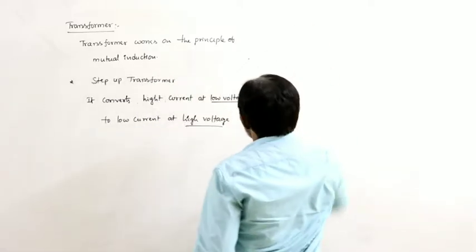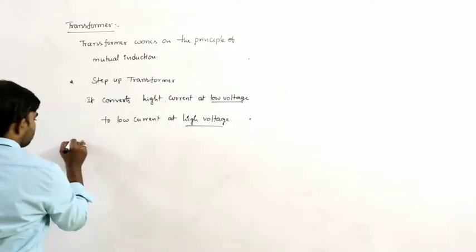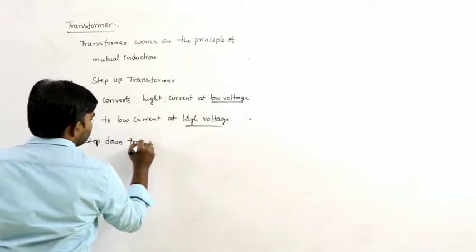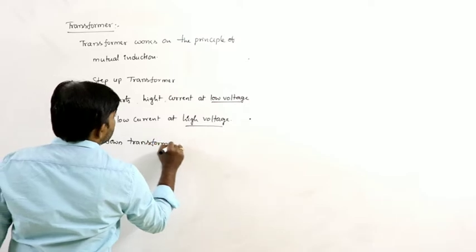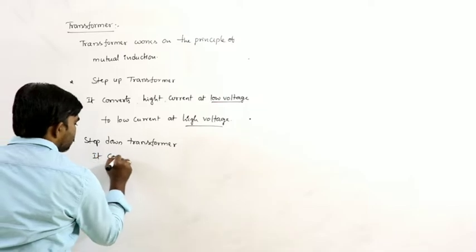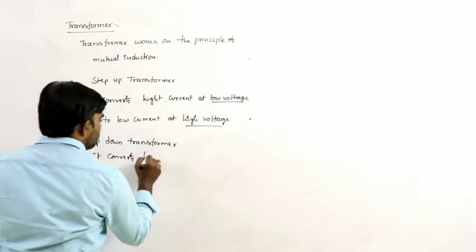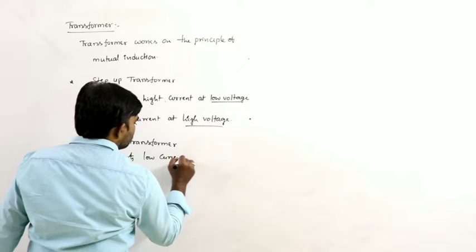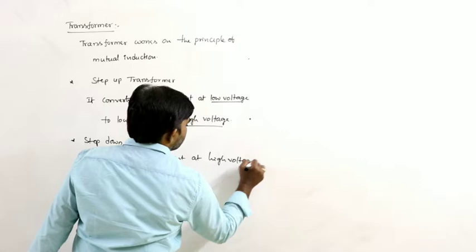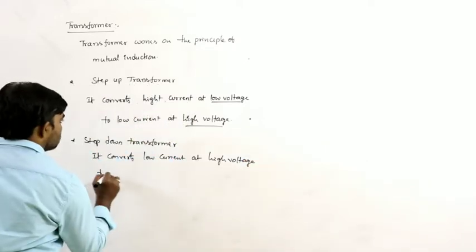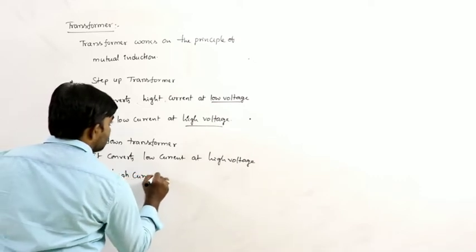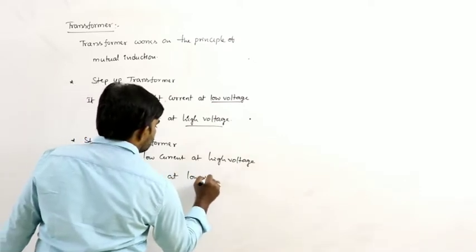Next one is the step down transformer. What is a step down transformer? Here it converts low current at high voltage to high current at low voltage.